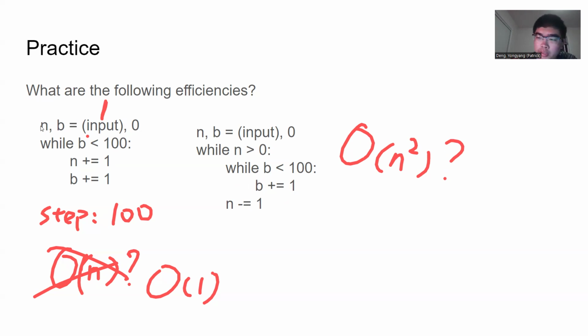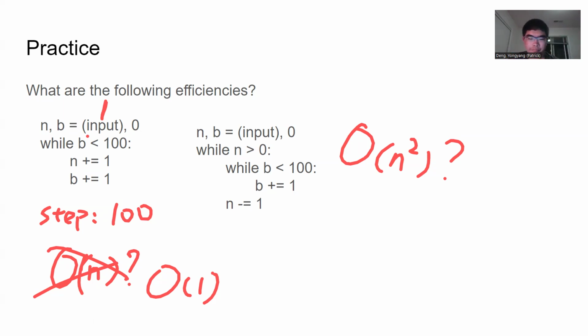For this one, we have to think about the two counters of the while loops: whether both of them are related to the input, maybe both are inputs, maybe only one of them is, or maybe neither of them is. We also have to think about whether they are independent of each other. If they are dependent on each other, it's likely to be n squared or something. But if not, maybe n times m.